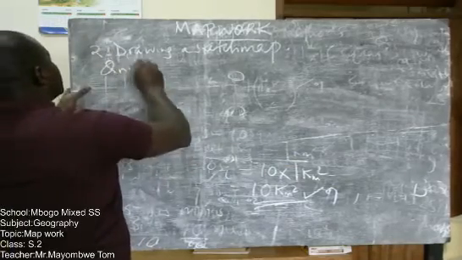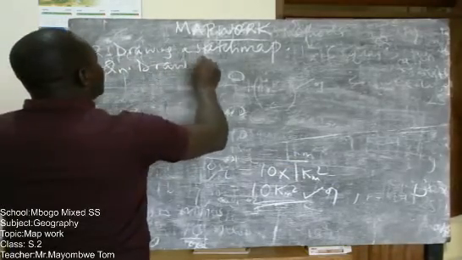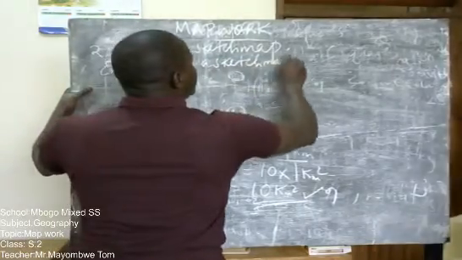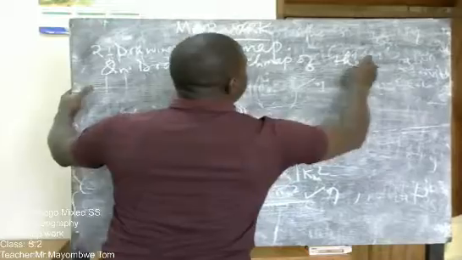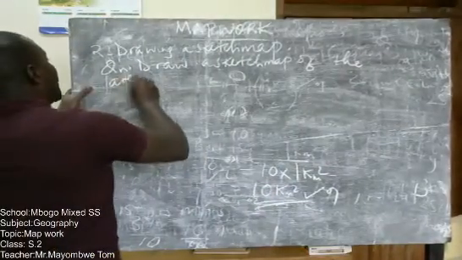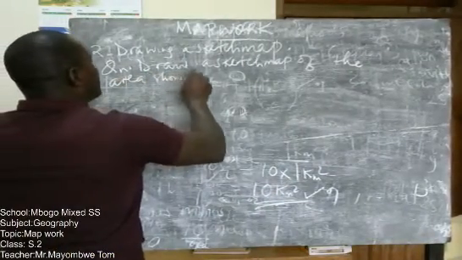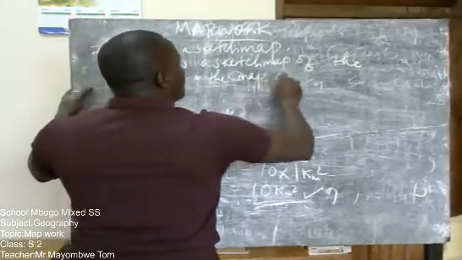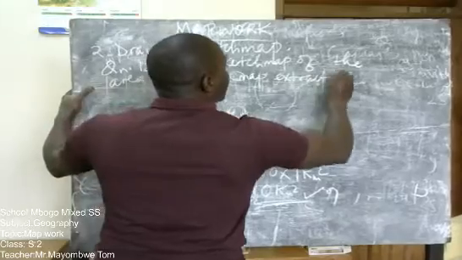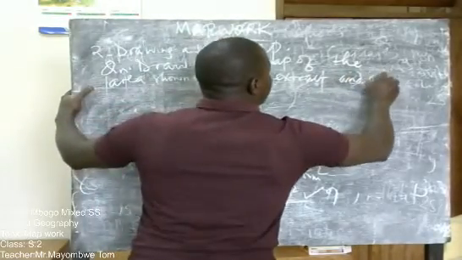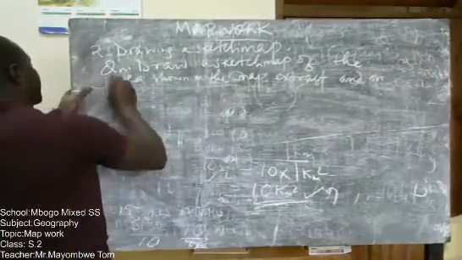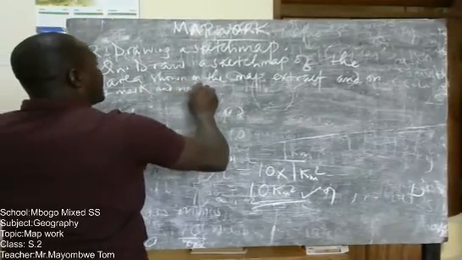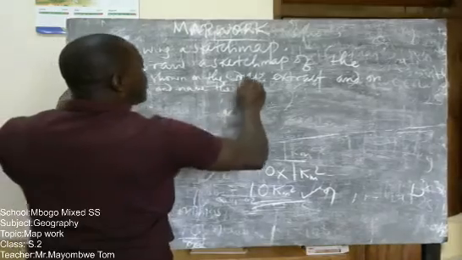So when you have been told to draw a sketch map, let me write a guiding question here: draw a sketch map of the area shown on the map extract and on it mark and name the following.